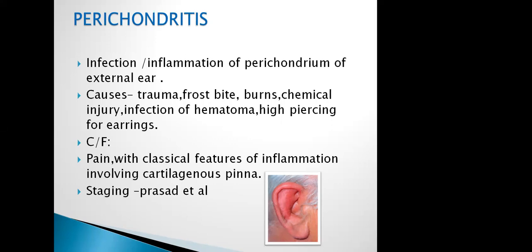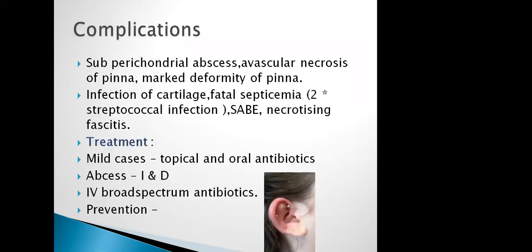There is a Prasad staging for classification: stage 1 is perichondritis without fluctuant abscess, stage 2 is with fluctuant abscess, and stage 3 is with abscess and perichondrial and cartilage necrosis. The complications of perichondritis are subperichondrial abscess and avascular necrosis, which may lead to marked deformity of the pinna.